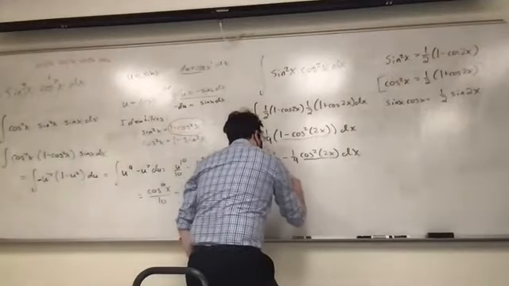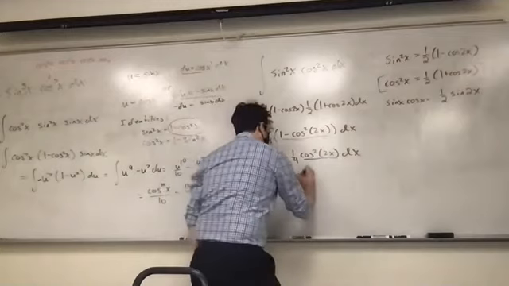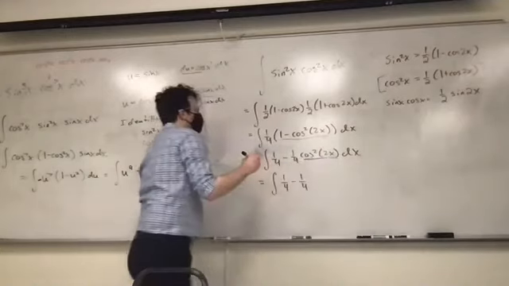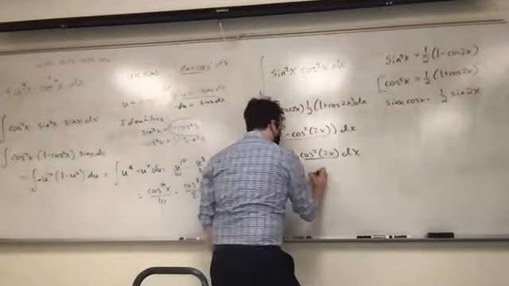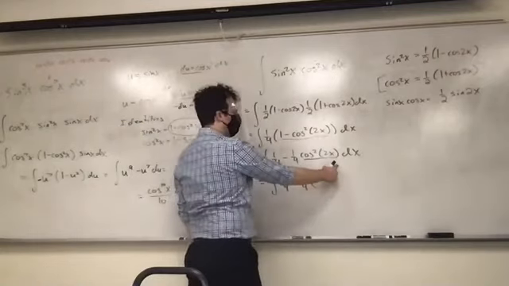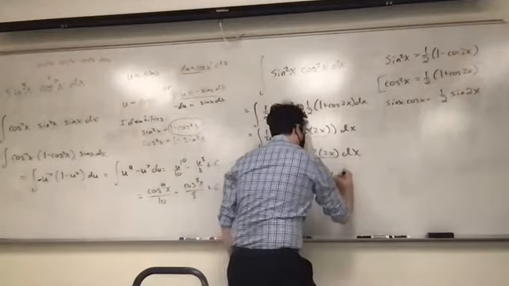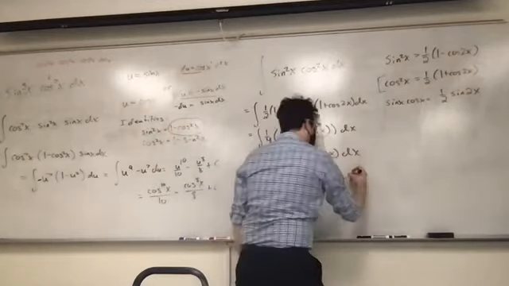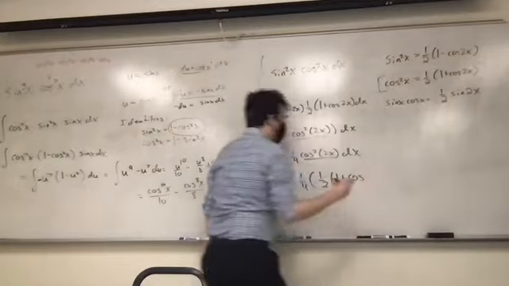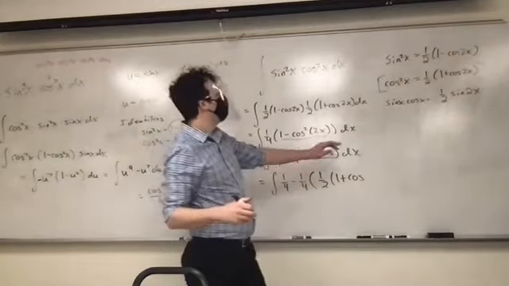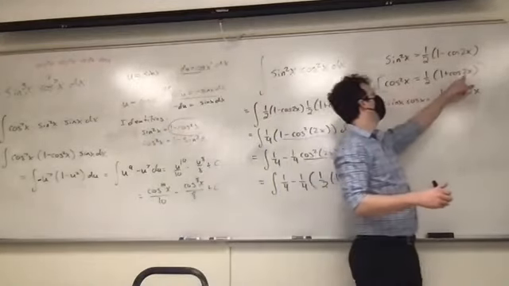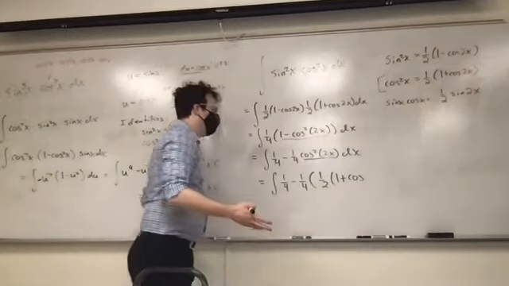So this is 1/4 minus 1/4, and this cosine squared is all of this stuff. So there's the 1/2, 1 plus cosine, but now whatever was inside your cosine squared, we're multiplying it by 2.